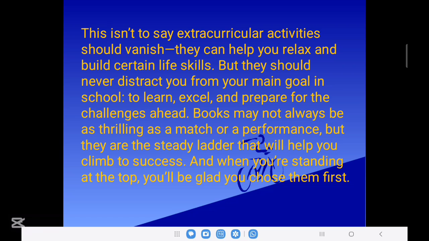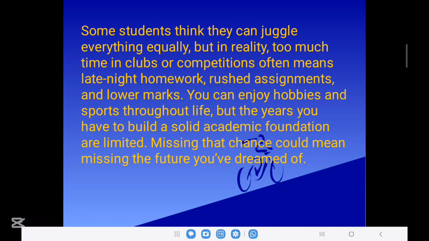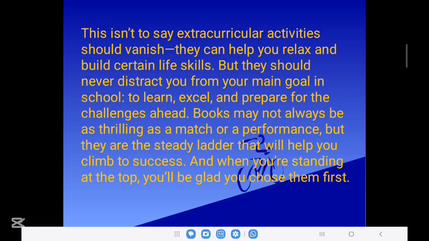Then here I have written this, that is related to the previous one. This isn't to say extracurricular activities should vanish. They can, now I'm writing their advantages also. They can help you relax and build certain life skills, but they should never distract you from your main goal. Here we can write 3-4 more advantages of extracurricular activities from the text.